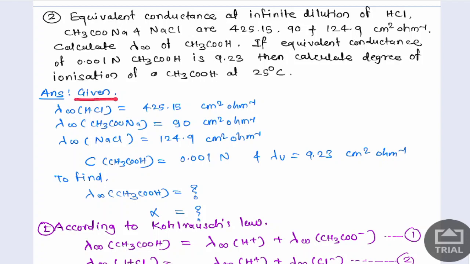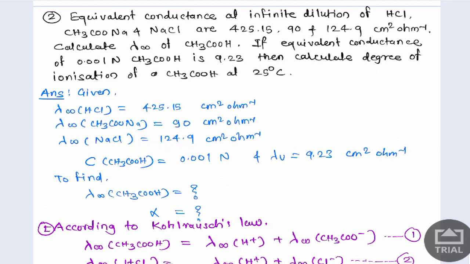So let us write down the given. Equivalent conductance at infinite dilution of HCl, sodium acetate and NaCl are given. So lambda infinity of HCl is 425.15, for sodium acetate it is 90, and for NaCl it is 124.9.